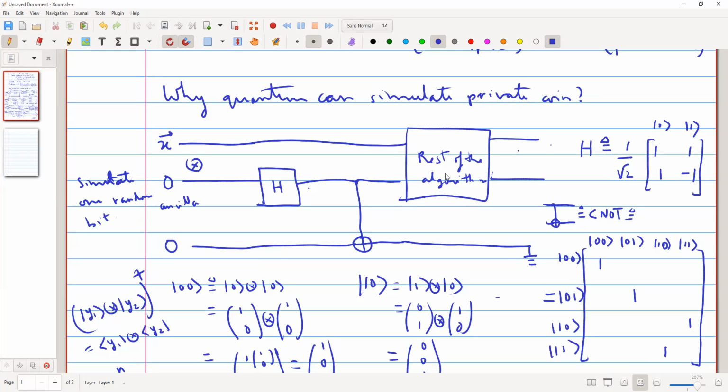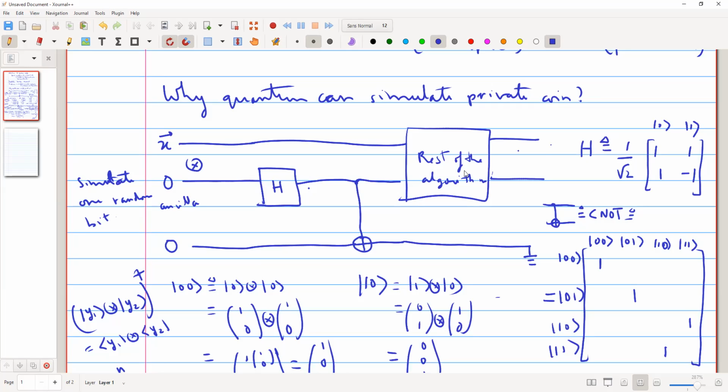Because this algorithm is classical, whether you measure or not is kind of a formality. Not really, though. The definition of simulating a random bit is the following: there exists an algorithm A such that on pressing a button, it gives you a bit B such that the probability of B equal to 1 is one half.